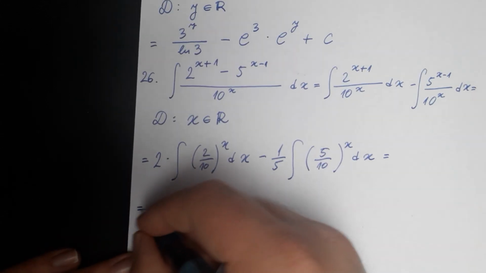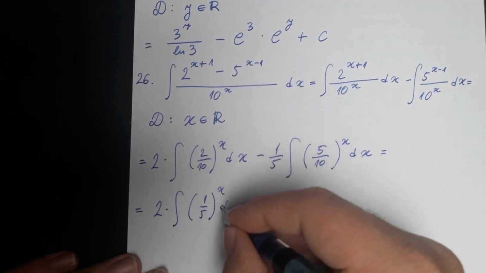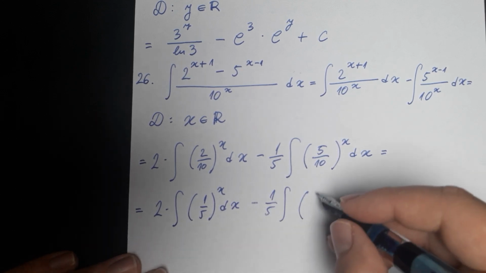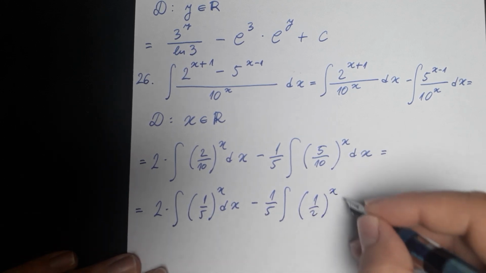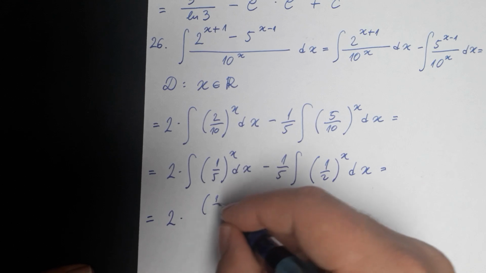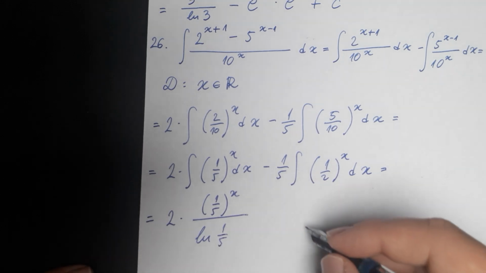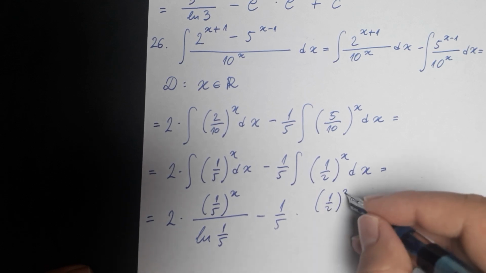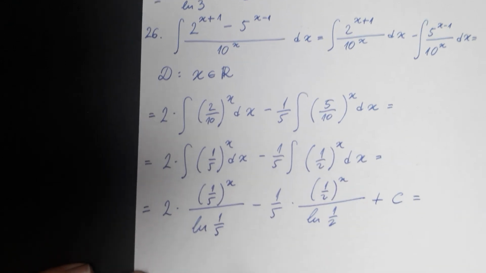Now this is equal to 2 times the integral of 1 divided by 5 to the power x dx minus 1/5 of the integral of 5 divided by 10, that is 1/2, to the power x dx. And that is equal to 2 times 1 divided by 5 to the power x divided by ln of 1 divided by 5, minus 1/5 times 1/2 to the power x divided by ln of 1/2, plus a constant c.